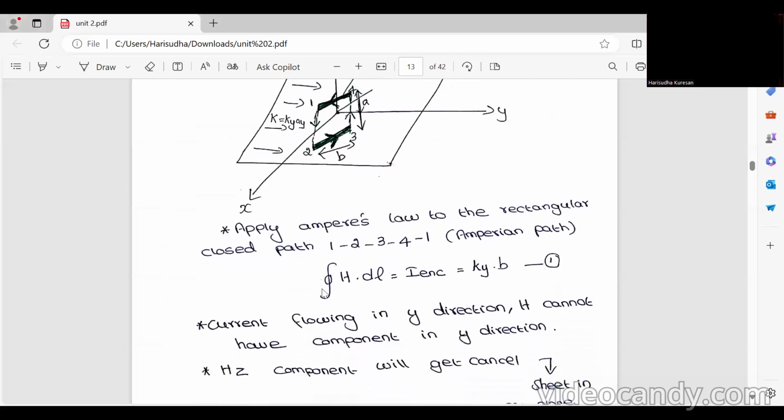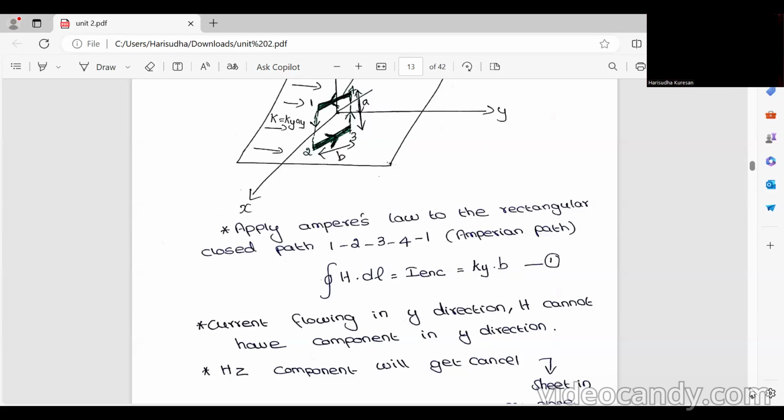It's nothing but the closed integral of H dot dl will be equal to the enclosed current. The length of this will be A and the length of this will be B. Similarly, this is A means this will be minus A, and this is B means this will be minus B. So the closed integral of H dot dl is equal to the enclosed current, which will be equal to Ky times B.